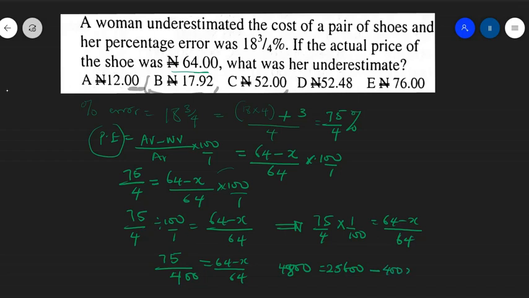So I have 400x. If I collect like terms, I move this one over to this side.